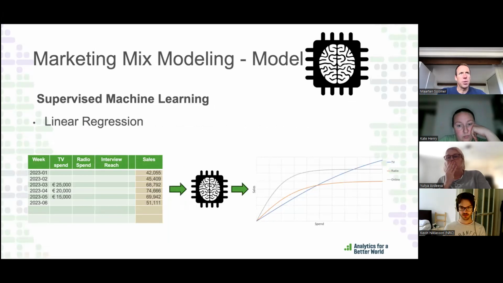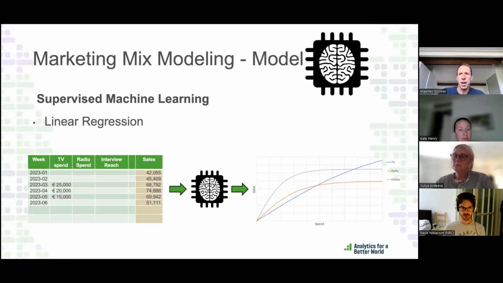What is a marketing mix model? It's supervised machine learning. I think you heard that term also before in an introduction to data science course. Often, one of the simplest models, linear regression, is used. It's actually very suitable because in this case, we're not only interested in making predictions.